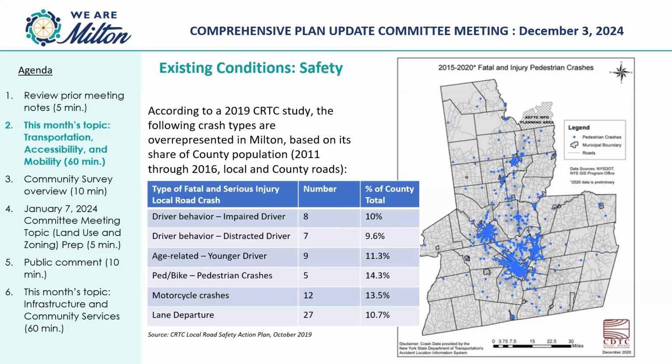Maybe that's a recommendation: to work with you, or with CRTC on the regional side, because there's a variety of strategies and recommendations within the local road safety plan that are worth looking at as we work on the recommendations piece closer to the end.